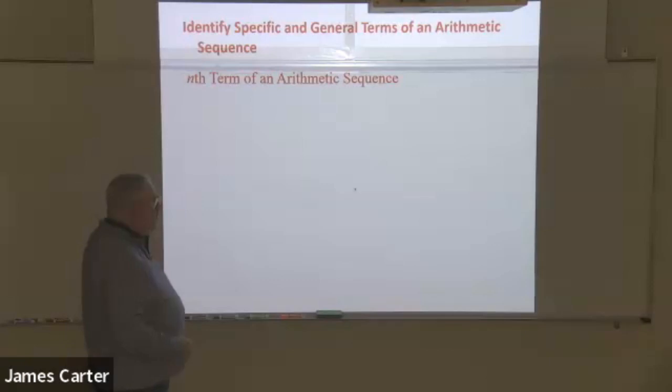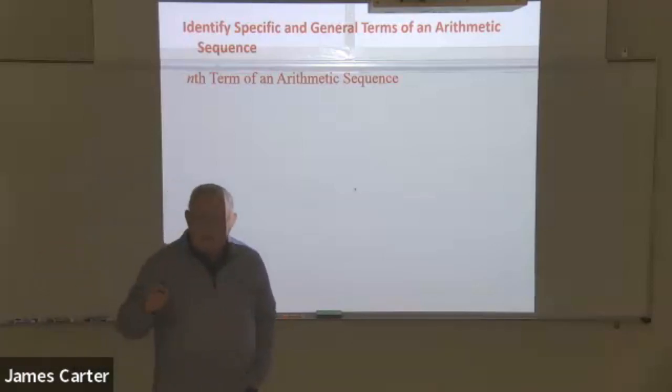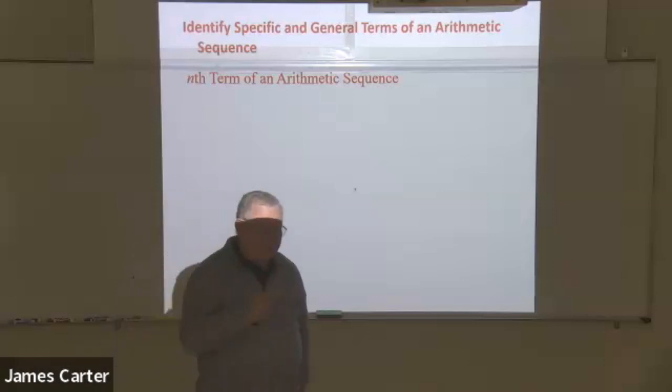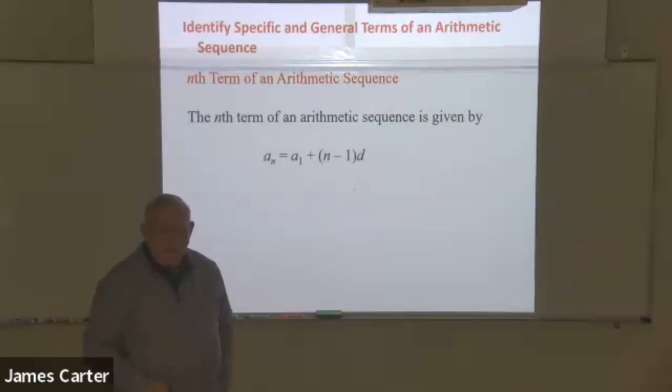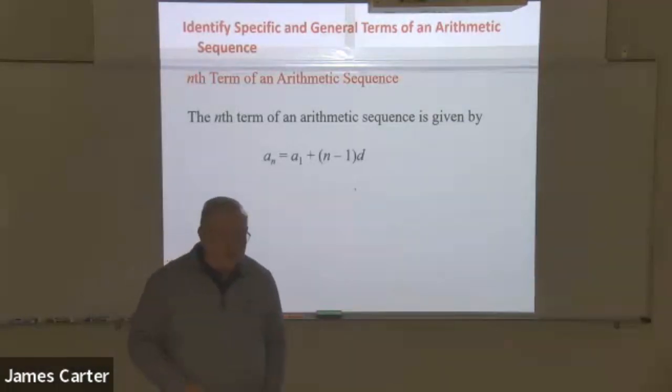Now, what about the nth term, meaning any term in the sequence? There is a formula for finding the nth or any term of the sequence. And there is the formula. Please open your handout package to page 30.